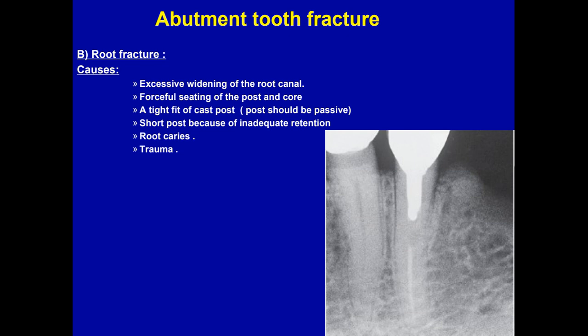Regarding the root fracture of the abutment tooth, the expected causes of these complications include excessive widening of the root canal during preparation of the root canal to receive the post, either prefabricated or custom post.